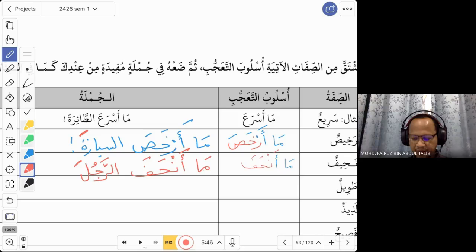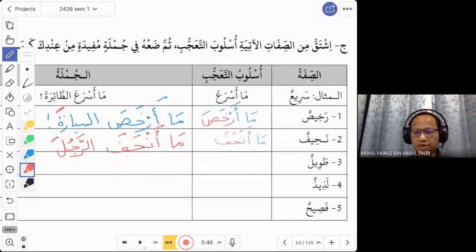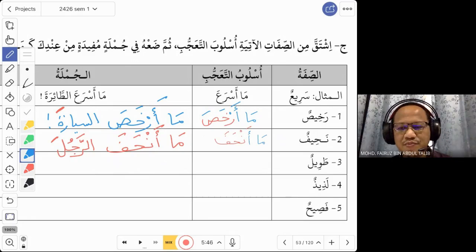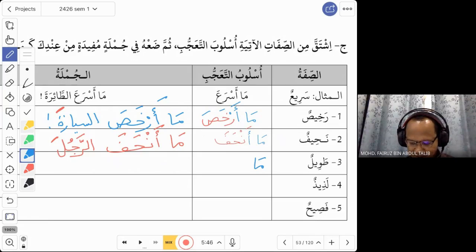Sahih. Good. Number 3, tawil. Tawil, long or tall. What is the ta'ajjub now? What do we say with the word tawil?